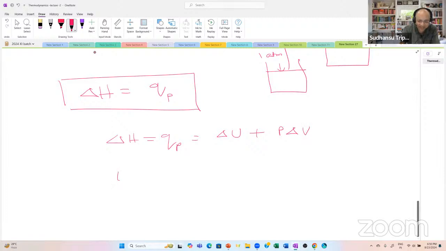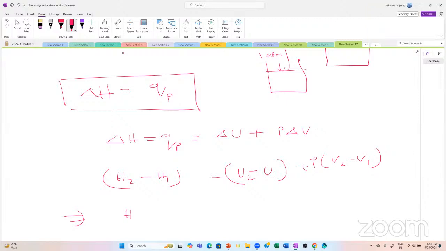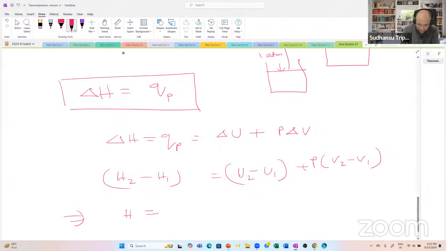So H2 minus H1 is equal to U2 minus U1, the change in internal energy. Again I am writing E, by mistake. Plus the constant pressure P into V2 minus V1. If you make a rearrangement, H is equal to U plus PV.